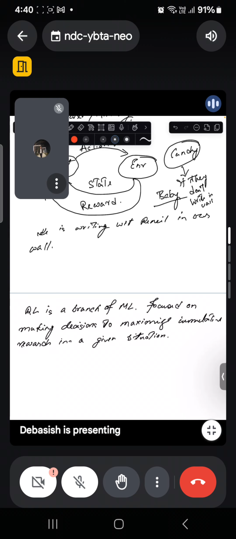If it does not drink milk, we will not give any reward, that is candy, and if he drinks milk, then we will give him a candy. So in reinforcement learning, an agent learns to achieve a goal in an uncertain or potentially complex environment.